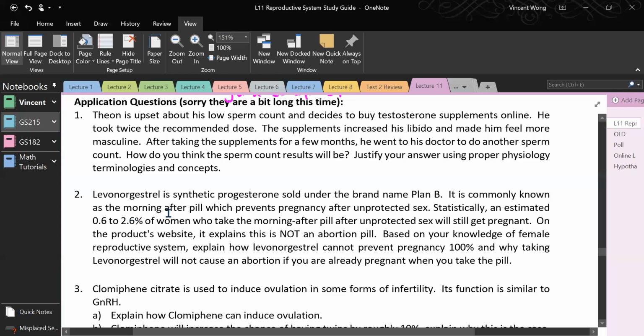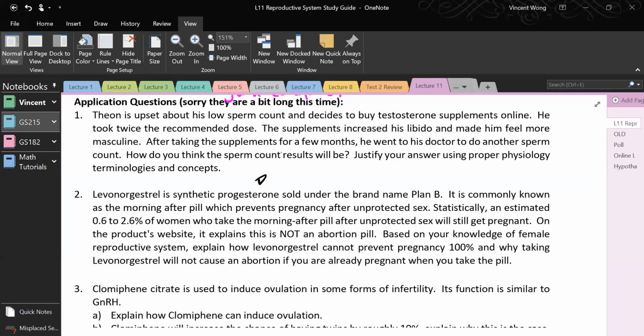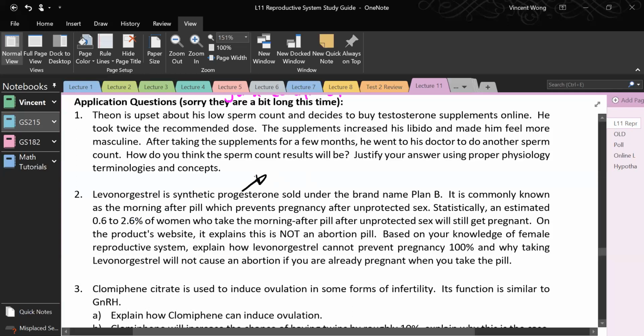So look, this is synthetic progesterone, and the point of progesterone, if you recall, is to lower GnRH, which in turn lowers FSH and lowers LH.